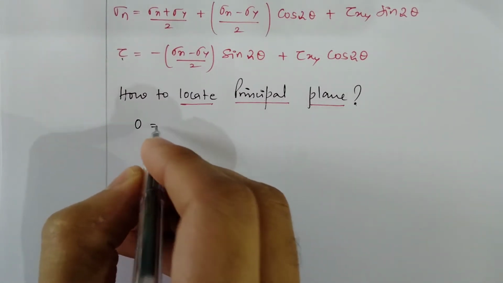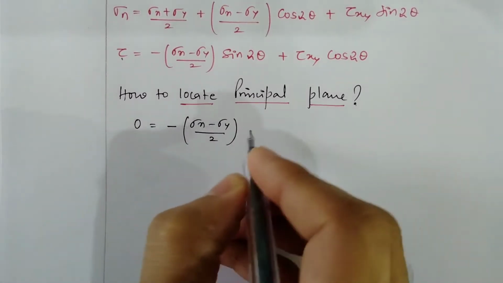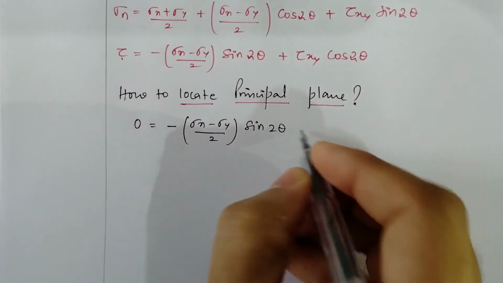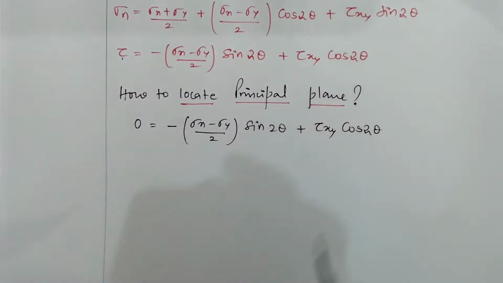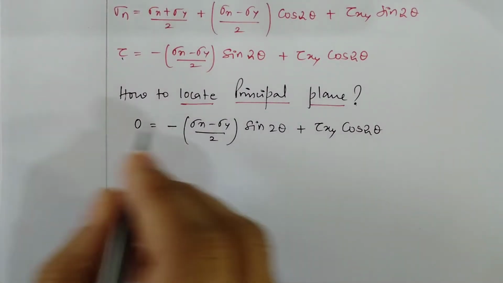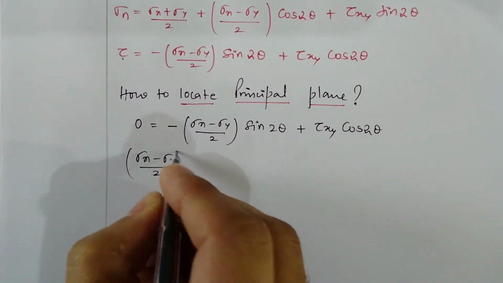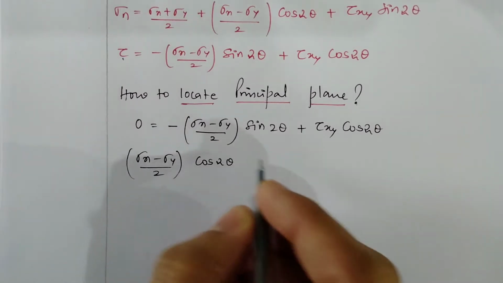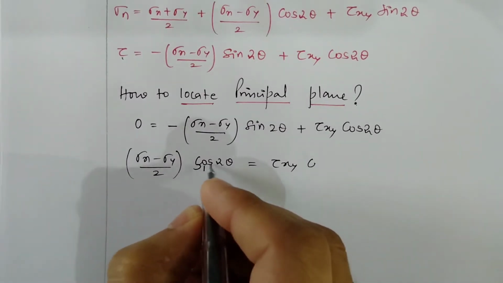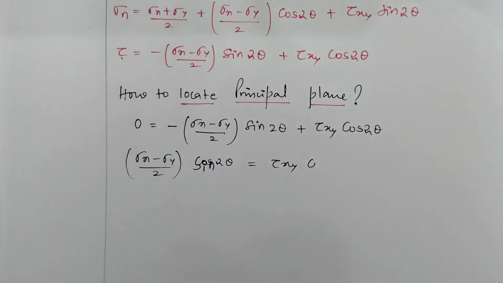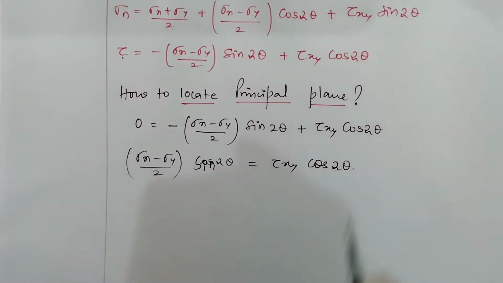So 0 is equal to minus (sigma x minus sigma y) divided by 2 sine 2 theta plus tau xy cos 2 theta. Now this minus term I will take onto the other side. So it will be (sigma x minus sigma y) divided by 2 into cos 2 theta is equal to tau xy into sine 2 theta.